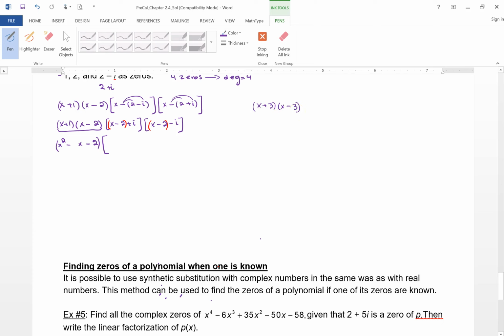What would I do here? If I had x plus 3, x minus 3, to multiply this, I would square the first one, square the last one, and put a minus in the middle. And we're going to do the same thing now. So I'm going to square the first one.